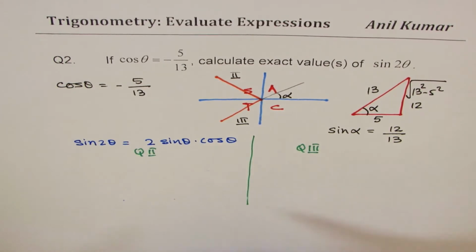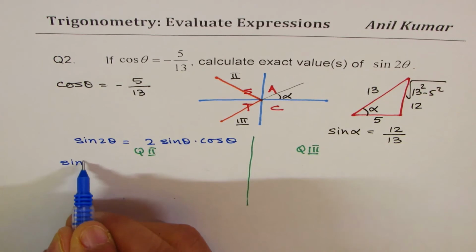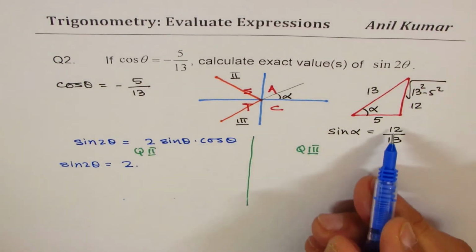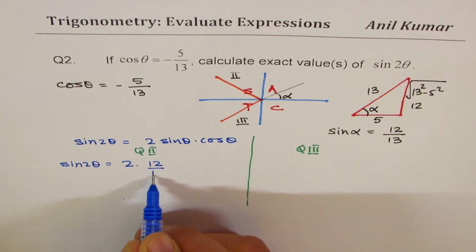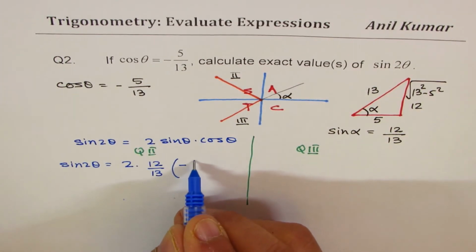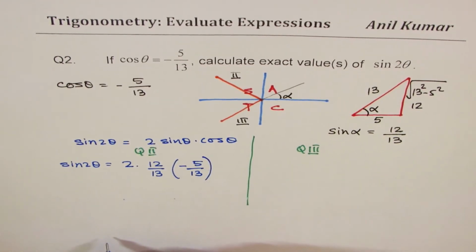So in quadrant 2, the value of sine 2 theta is going to be 2 times sine theta, which is positive 12 over 13, and cos theta, given to us as negative 5 over 13. So that becomes the solution.